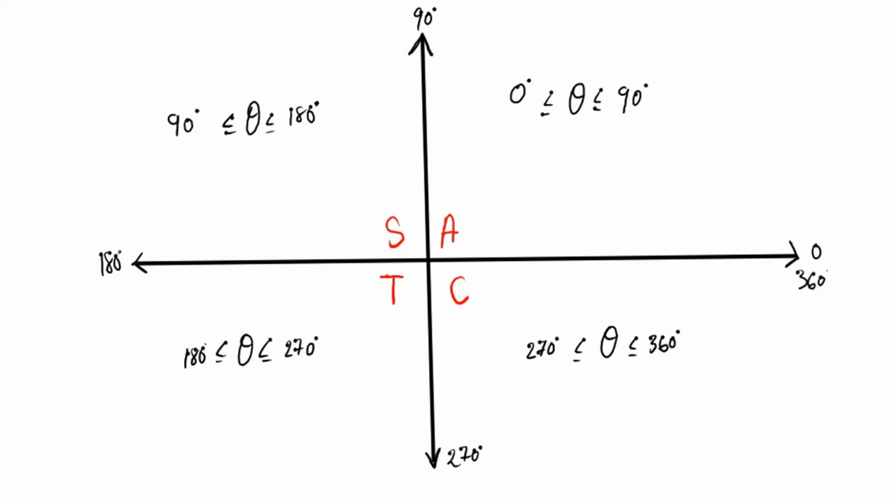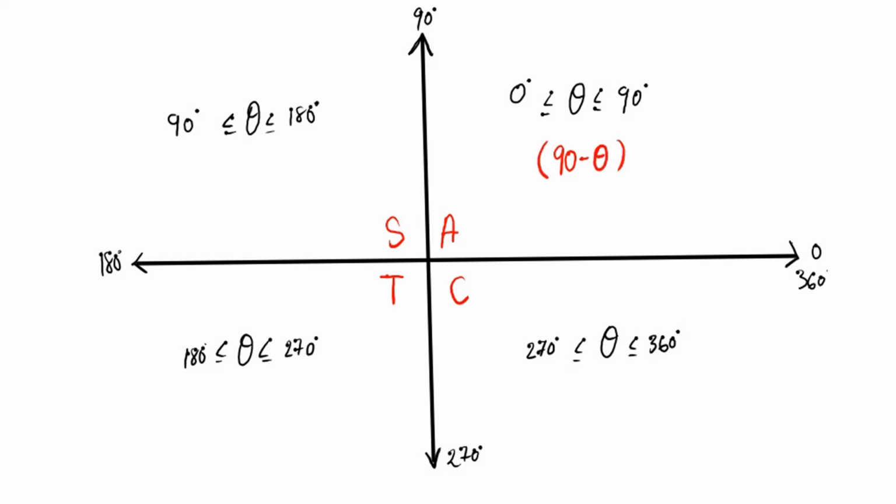So how will this help us? I'm sure you know that when you're working with trig, you also work with reduction formulas. Since the angles in the first quadrant are always greater than or equal to 0 but less than or equal to 90 degrees, this quadrant can also be called the 90 minus theta quadrant.